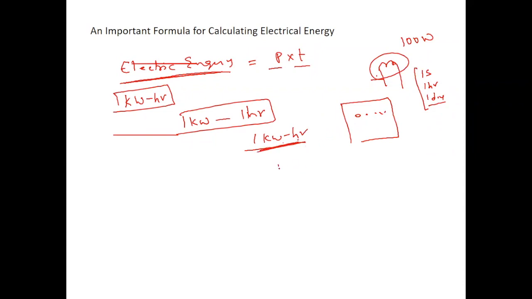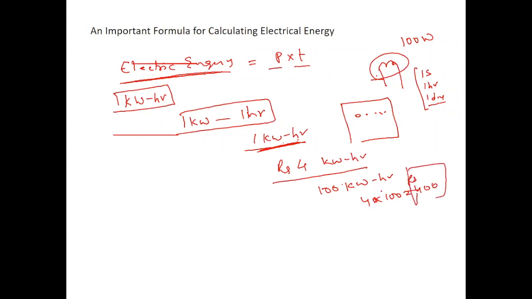Suppose the rate is 4 rupees per kilowatt hour. If we consume 100 kilowatt hours, we have to pay 4 into 100, so 400 rupees. So this is a commercial unit.